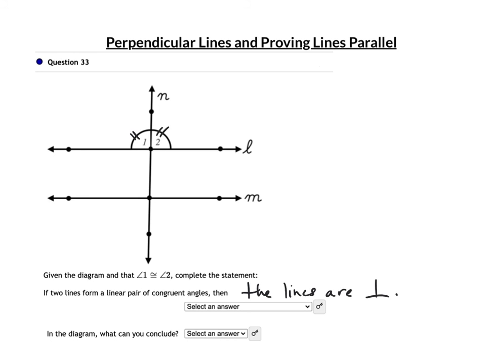Remember the reason: if they make a linear pair, then together they make 180 degrees, and if they're congruent, each of them's got to be 90. What can you conclude? That N is perpendicular to L.